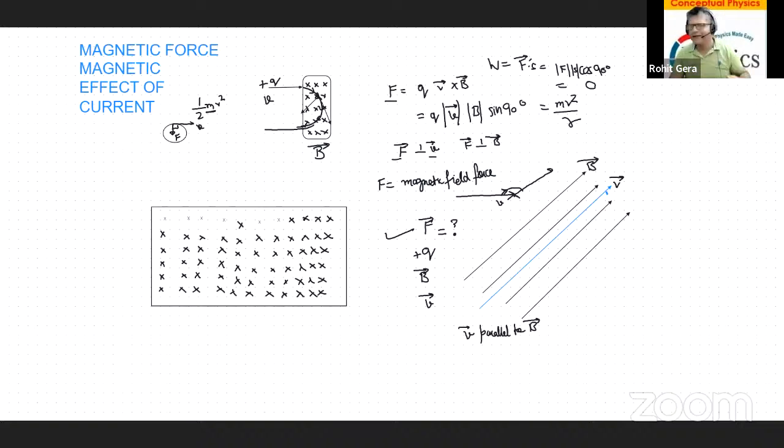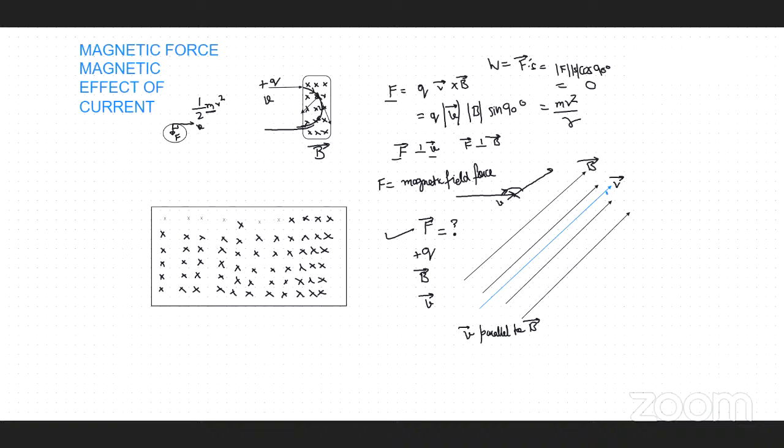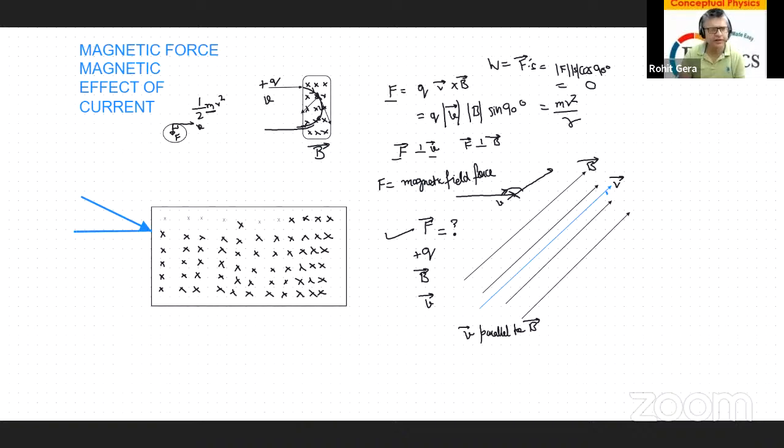Now the charge enters this field at an angle of theta degrees. So the velocity, this is the velocity.